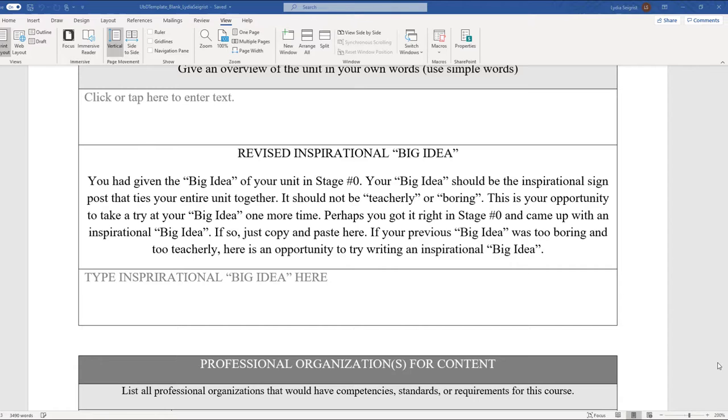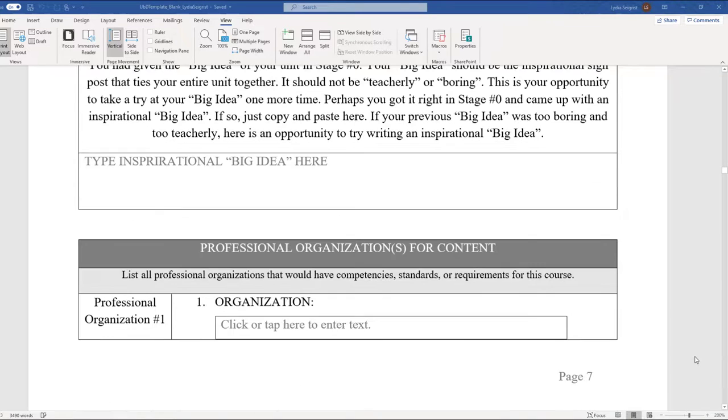What is the one big takeaway that you want students or individuals to have from whatever course it is that you're designing? And like I said, you're going to want to make sure that it catches them and it's not something that's boring or overly teachy. But it's an opportunity for you to be inspirational, to really pull that big idea for them, so that it'll stick with them.